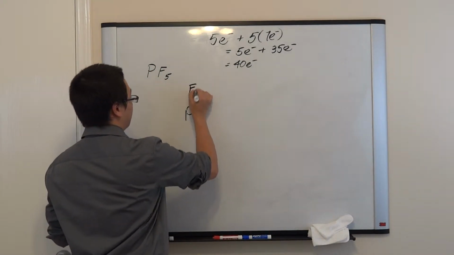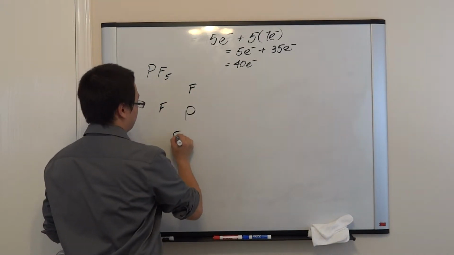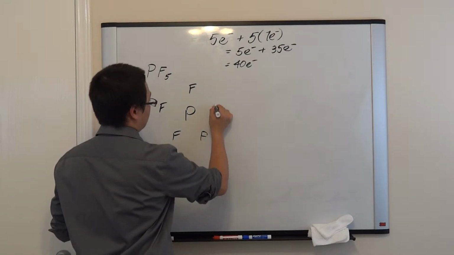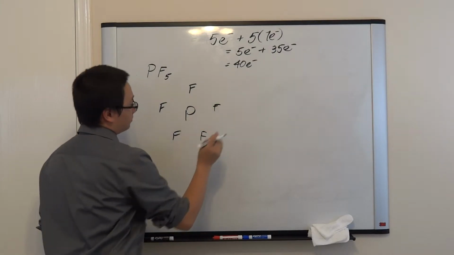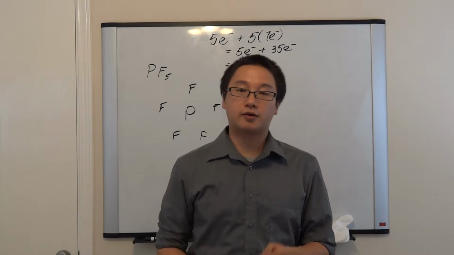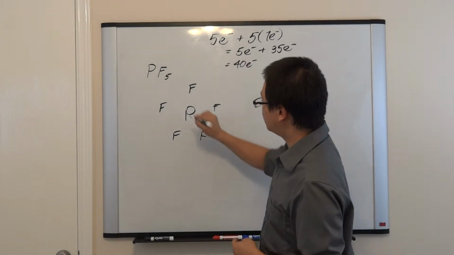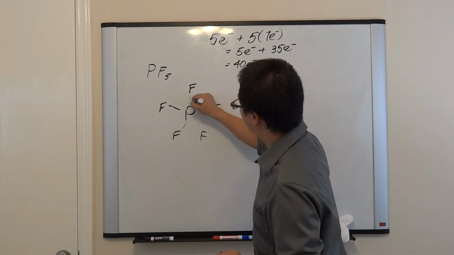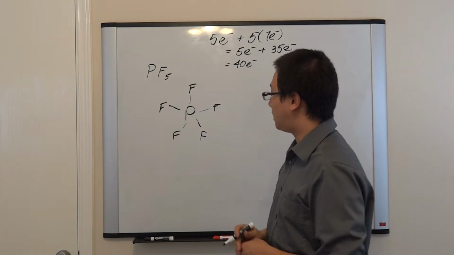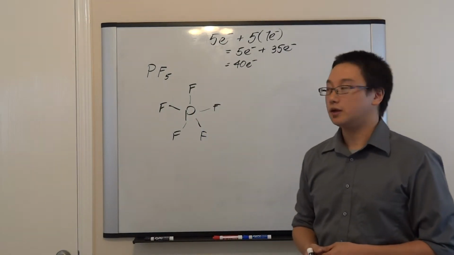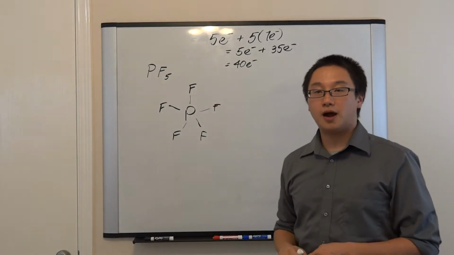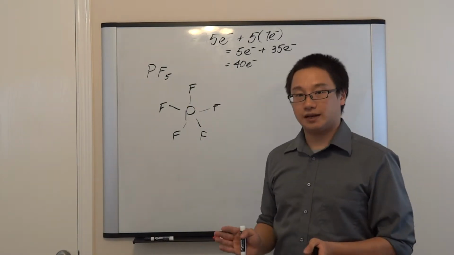Phosphorus. So we have these atoms right here, and phosphorus is capable of taking more bonds. So we will connect the fluorine to the phosphorus with a single bond. With these covalent bonds, we have used 10 electrons.